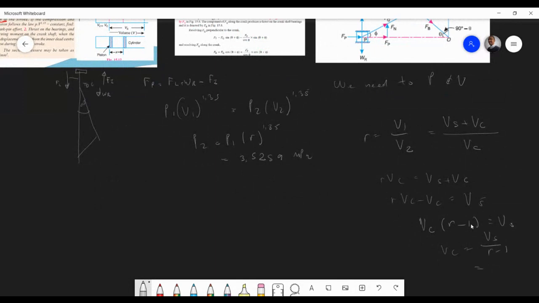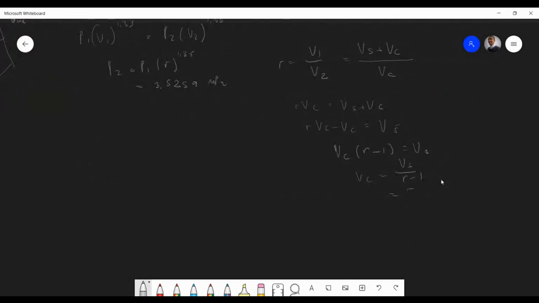I think that's right. The stroke volume has to be worked out as pi over 4 times 0.3 squared times 0.5, divided by the compression ratio 14 minus 1, and we can get VC. And remember, VC is also V2, right? Yeah, that should be V2.